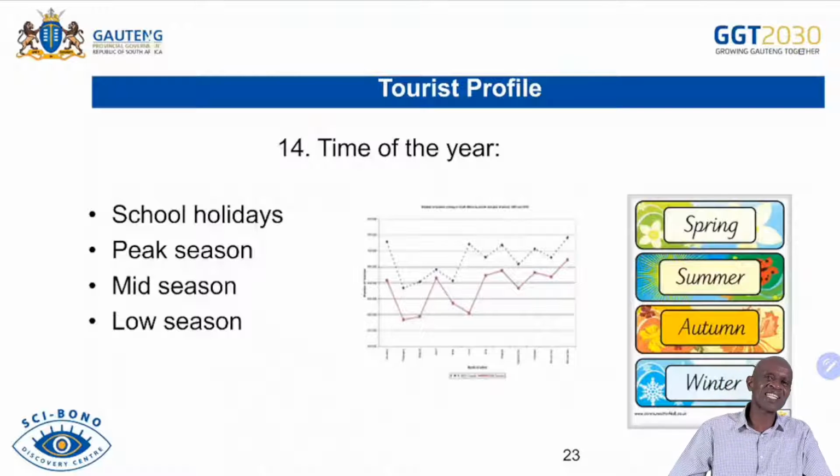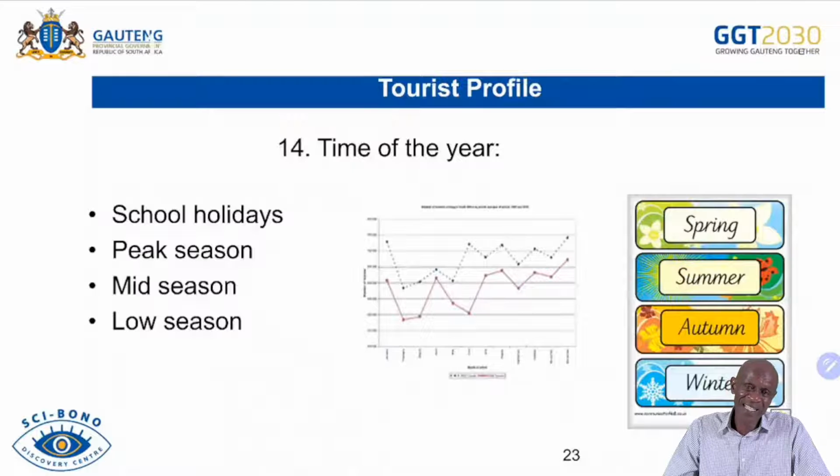So everyone has money during this season. And the disadvantage of touring during this season is that all the commodities, all the goods and services that you need to buy are high in prices.